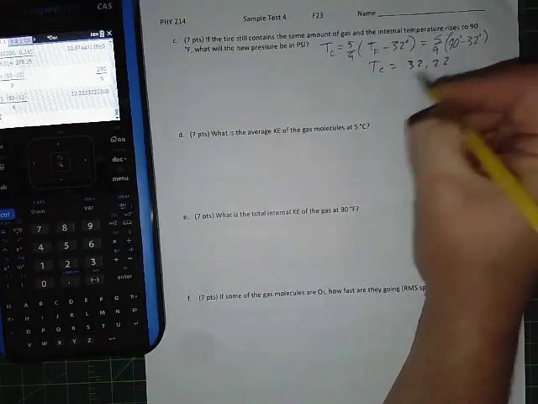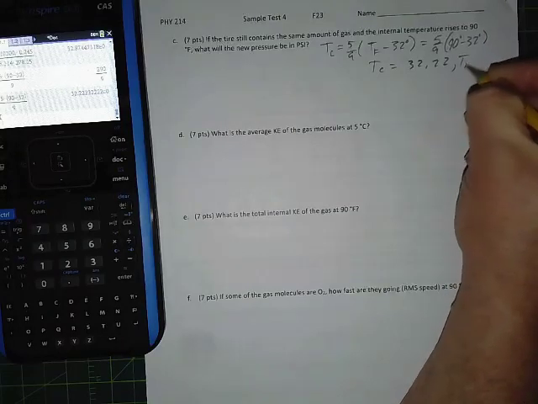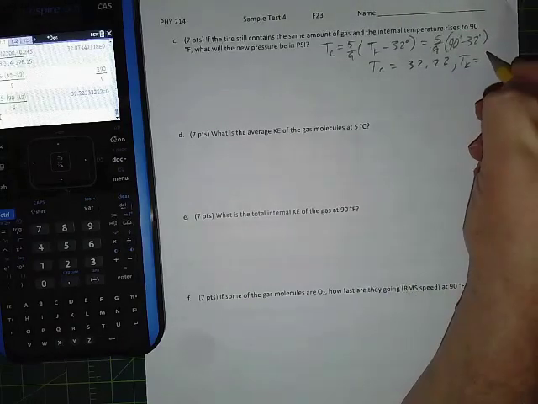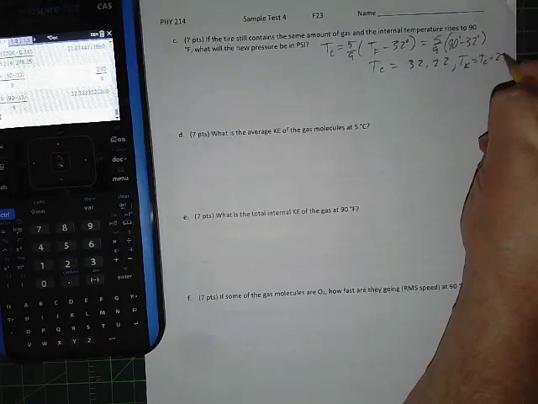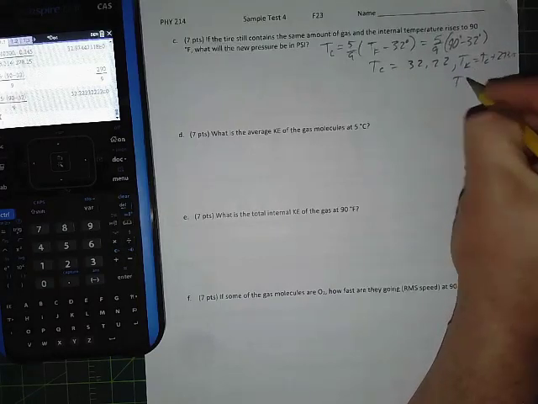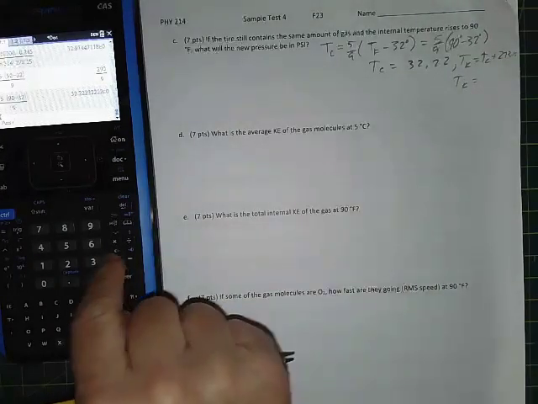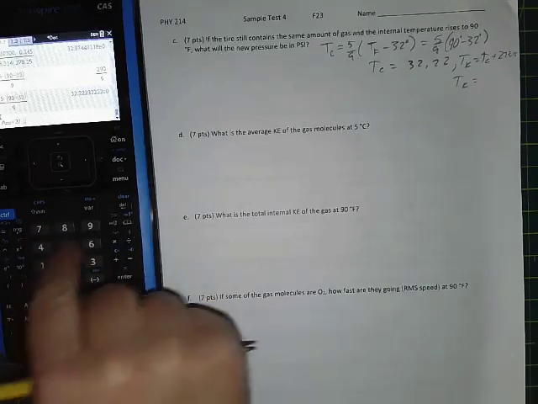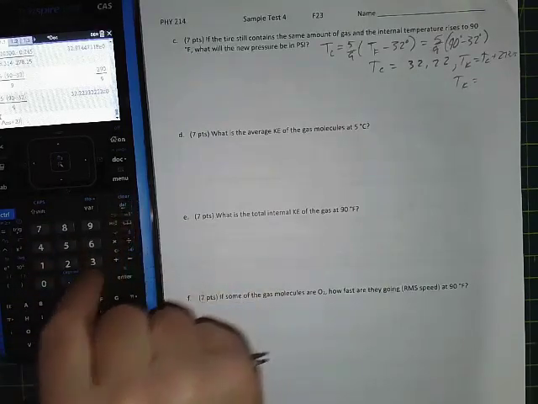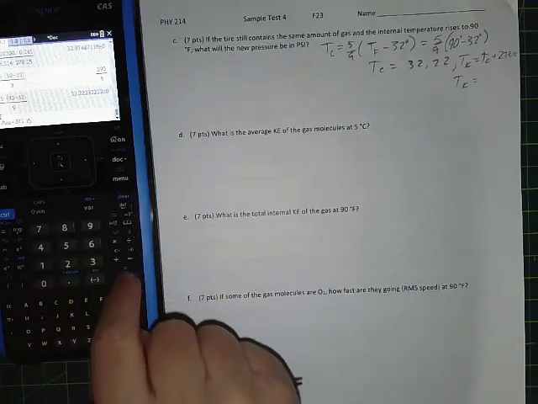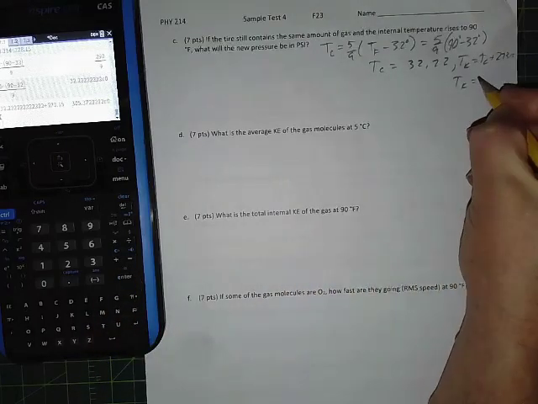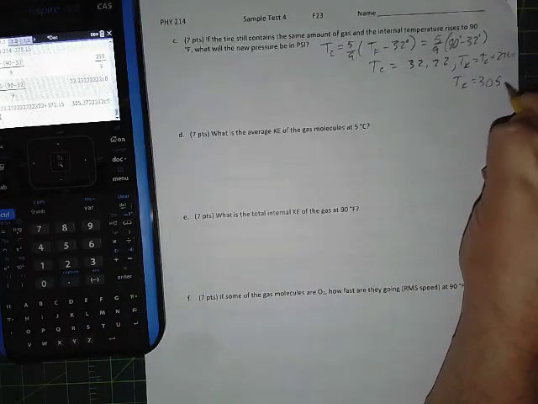32.22. And so then T Kelvin is TC plus 273.15, so T Kelvin equals 305.4 Kelvin.